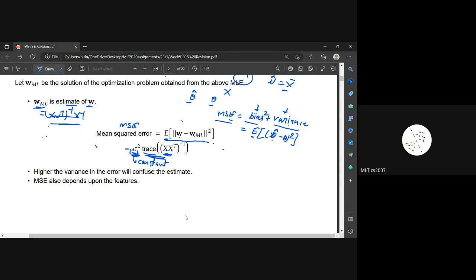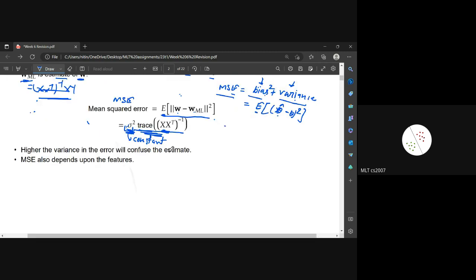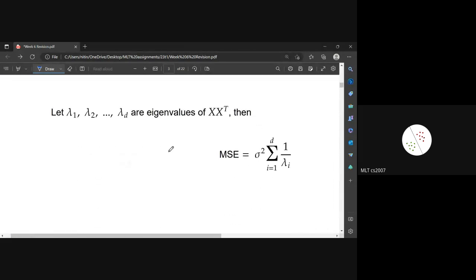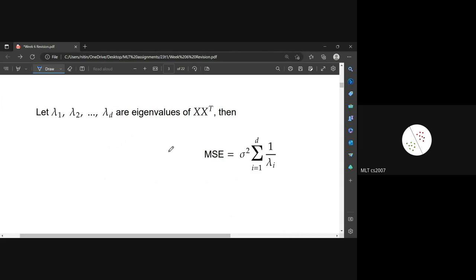Sigma square is a constant, we cannot handle this, but what we can handle is this term, the trace of x x transpose inverse, because this is one of our estimators and that's why this comes in. Let's assume lambda 1 up to lambda d are your eigenvalues for x x transpose. So what will be the eigenvalues of x x transpose inverse?